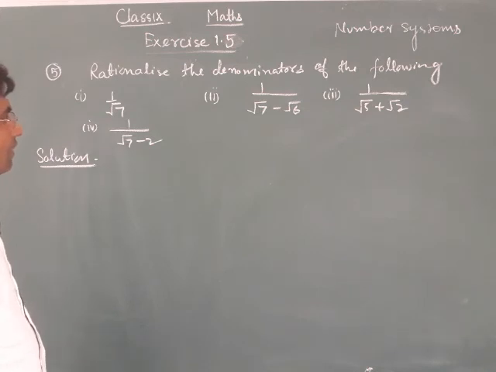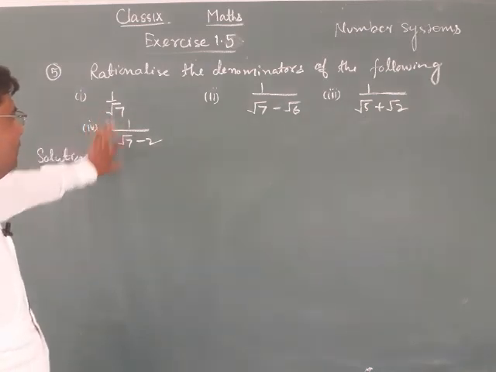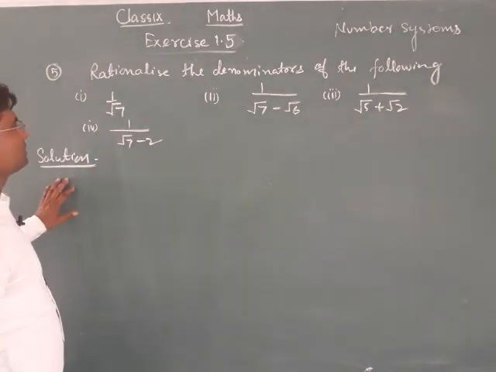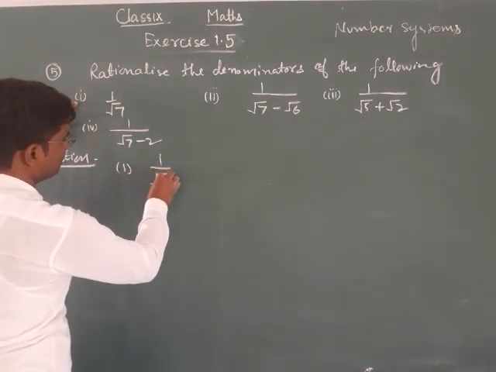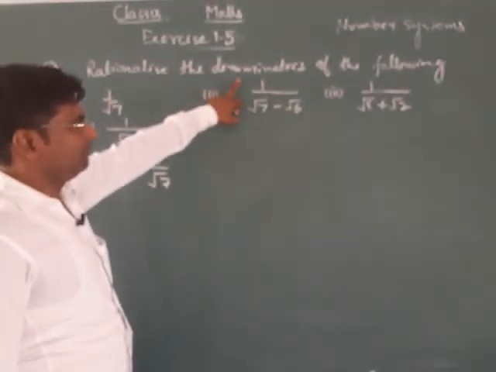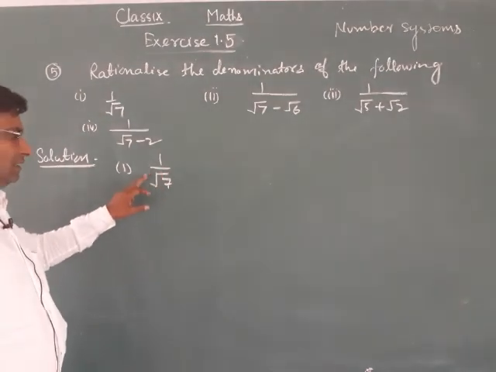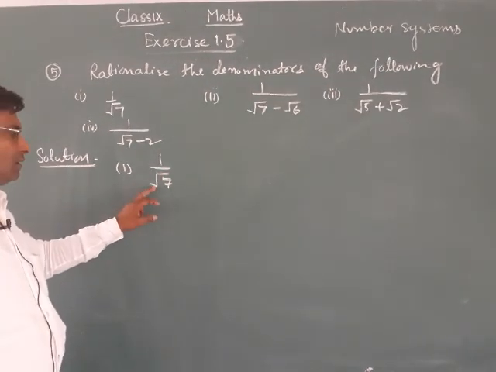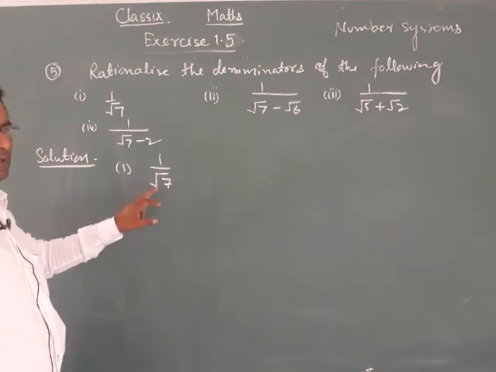How can we rationalize the given irrational number? Now the solution of this question. Take the first part, 1 upon root 7. To rationalize the denominator means to remove the root from the denominator.